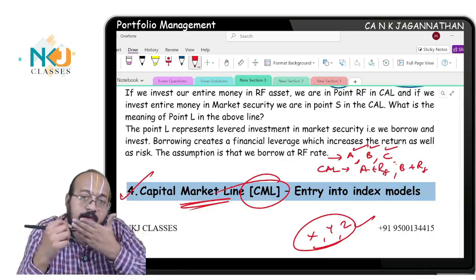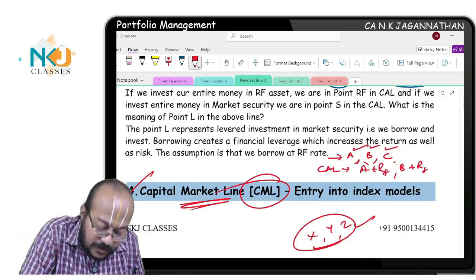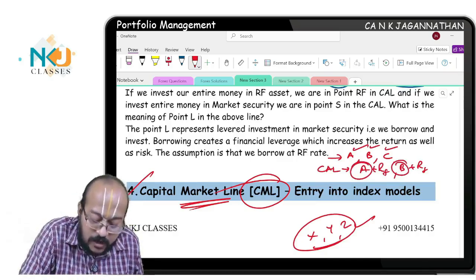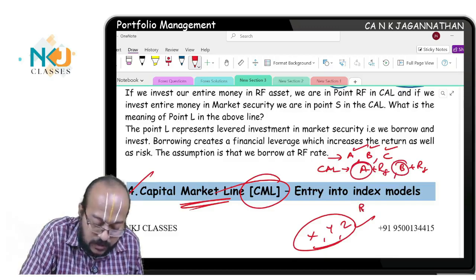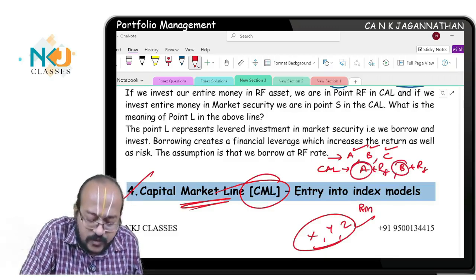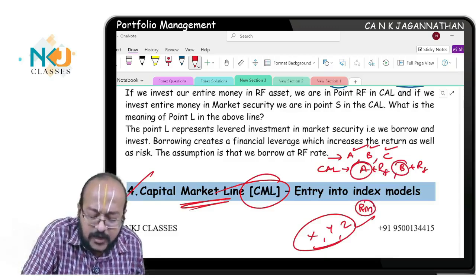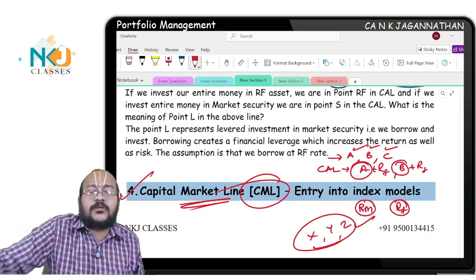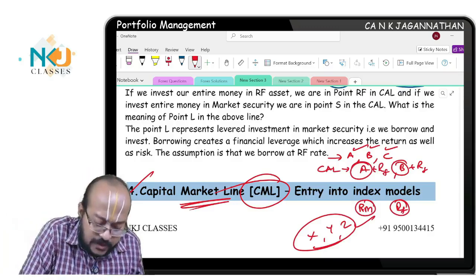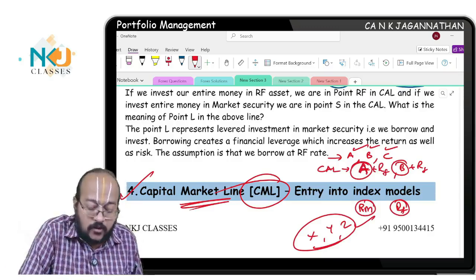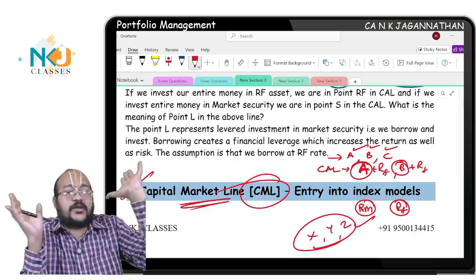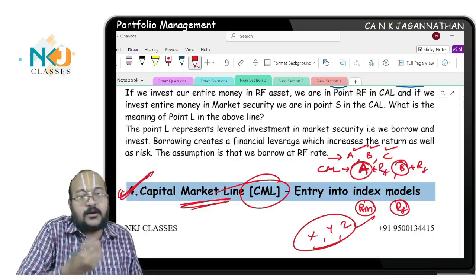Now the theory developed so that A, B and all vanished, simply replaced by the market, which means RM and RF. This is the return of the market, and this is the risk-free return. This will be common for all these market-based models. Instead of A, I assume the market, nothing but the index. Then I will include the market and the risk-free asset and form the capital market line. Are you all understanding?